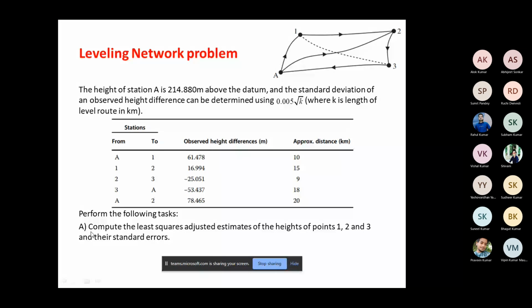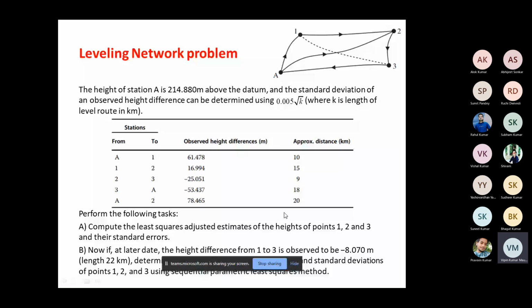This is the second question. Now, if at a later date, after some time, the height difference from 1 to 3 is observed, it is given as minus 8.070 meter, whose length is 22 kilometer.